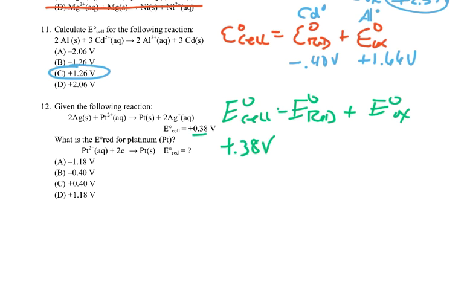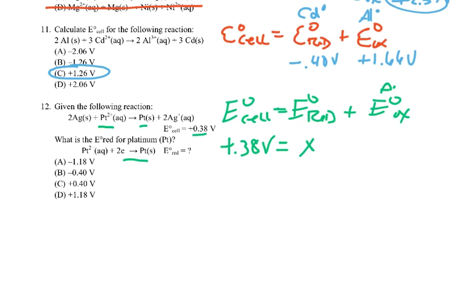Okay, that's that number. Now, of these two, the platinum is going from 2 plus to 0, so it is getting reduced. So this number here is going to be the reduction, and the silver number is going to go here.